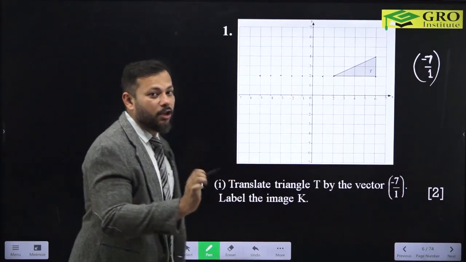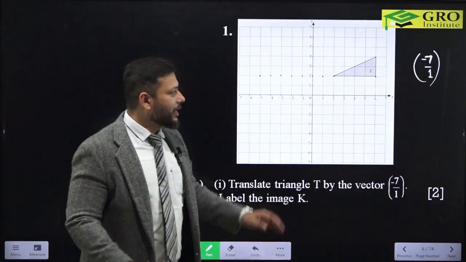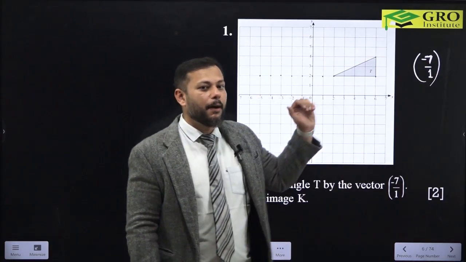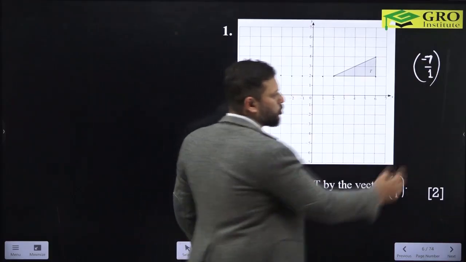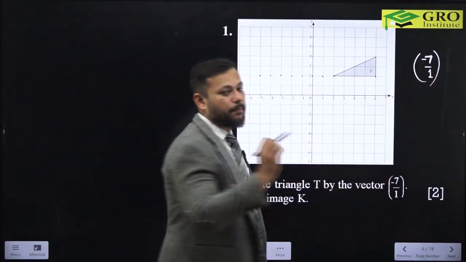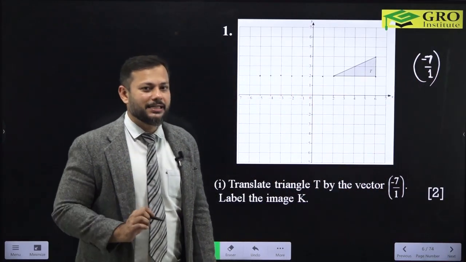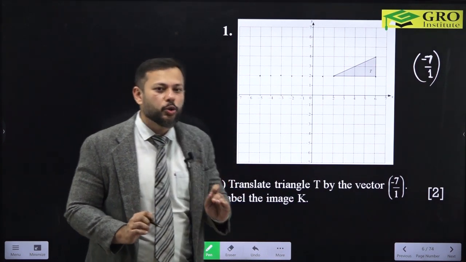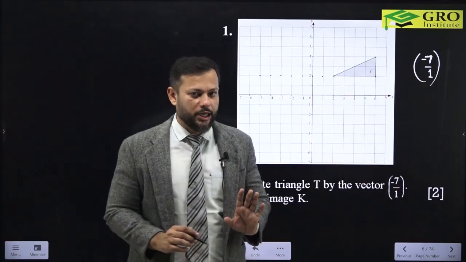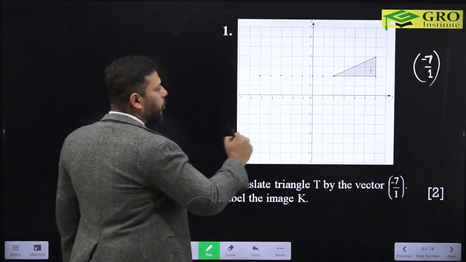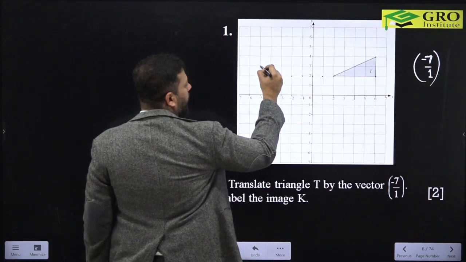No, not yet. We need to check again whether there is any movement in the up direction or down direction. For that, let us look at this. Yes, we have a number 1. It's a +1. That tells us that this vertex also needs to move up 1 unit. So this point will move 1 unit above.